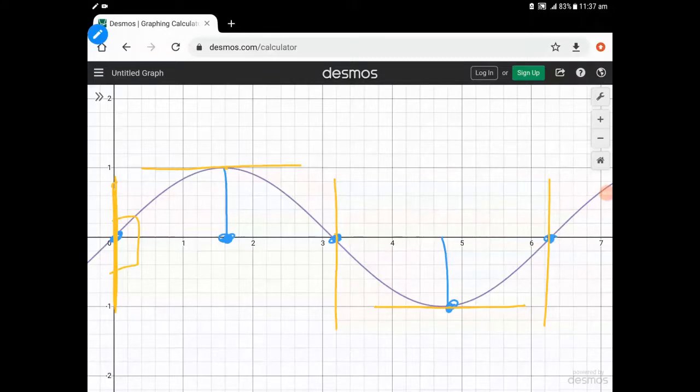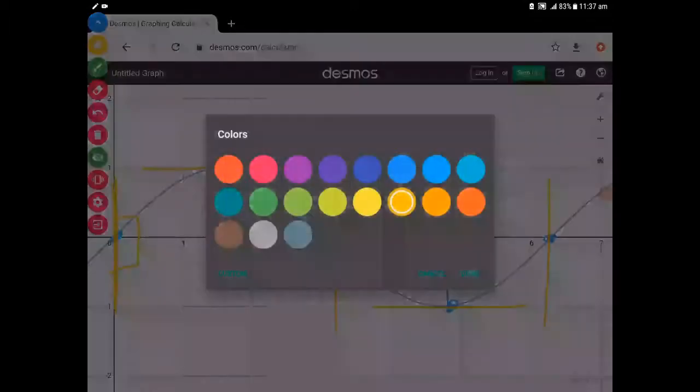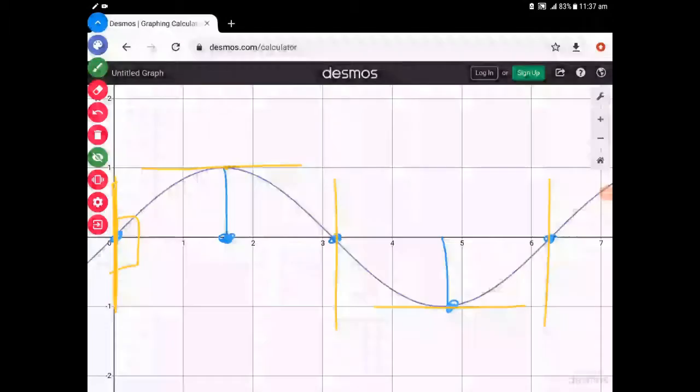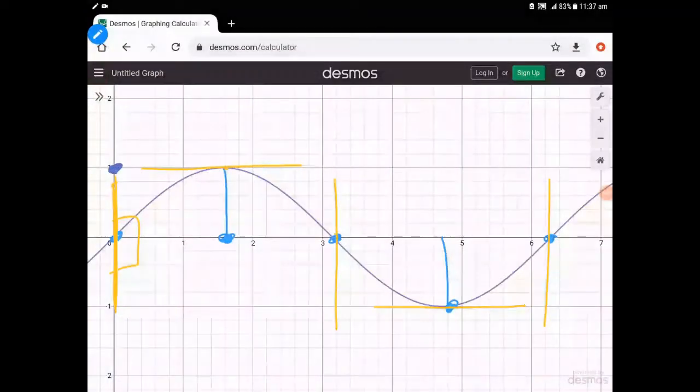For sine or cos, or any trigonometric function, the maximum value that you can get is 1. So with that, I can say that the slope at this point should reach somewhere here. This should be around 1.